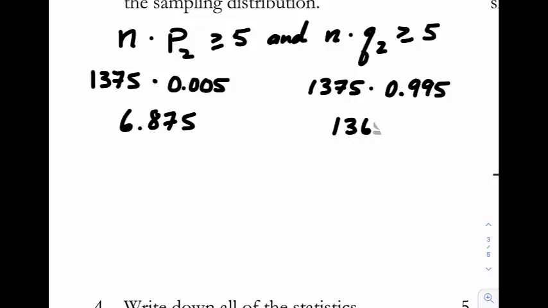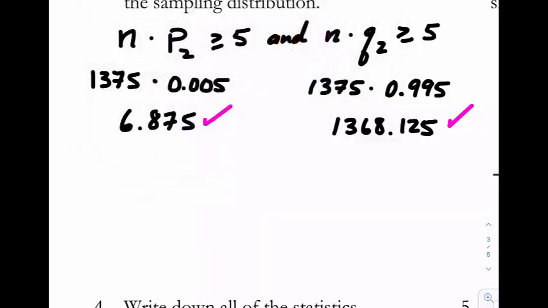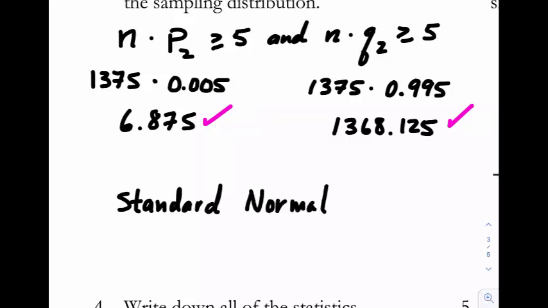Each one of those is greater than or equal to 5. We have met the requirements. They both have to be true in order to use the standard normal distribution.